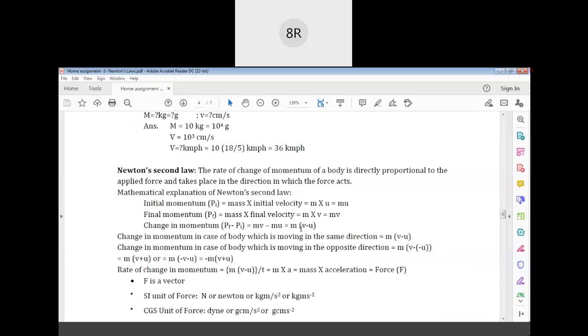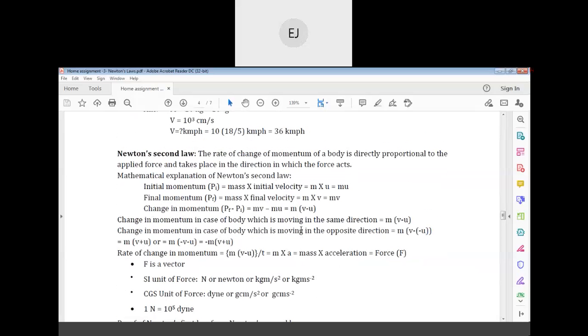Next, Newton's second law. We have understood the rate of change of momentum. First, we understood momentum. Then, change of momentum is nothing but final momentum minus initial momentum. The next, rate of change of momentum, is with respect to time. Rate means with respect to time.